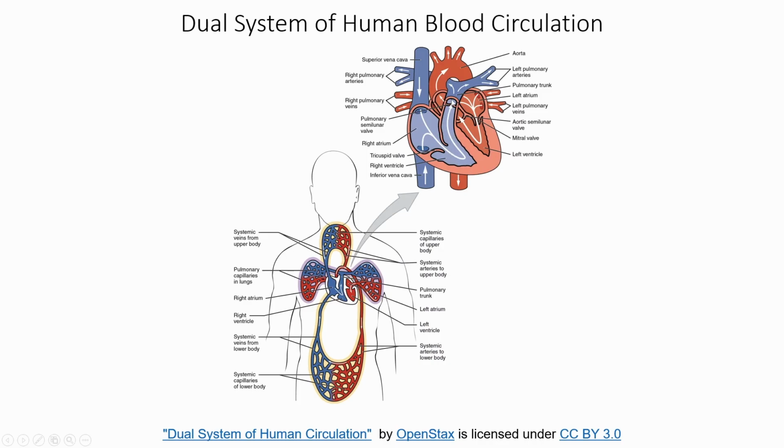From the right ventricle, we will pass through the pulmonary semilunar valves into the pulmonary trunk, which will then branch off to form the right and left pulmonary arteries. We circle through the lungs, we come back through the right and left pulmonary veins, and we immediately dump into the left atrium. When we pass through the left atrium, we will go through the mitral or the bicuspid valve.